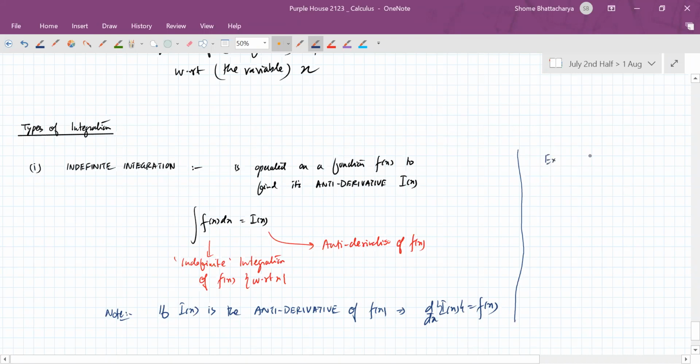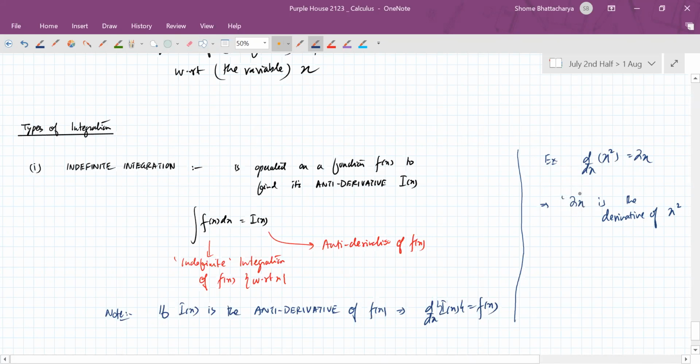For example, we know that differentiation of x square is how much? 2x. So 2x is the derivative of x square. If 2x is the derivative of x square, what relation does x square have with 2x?